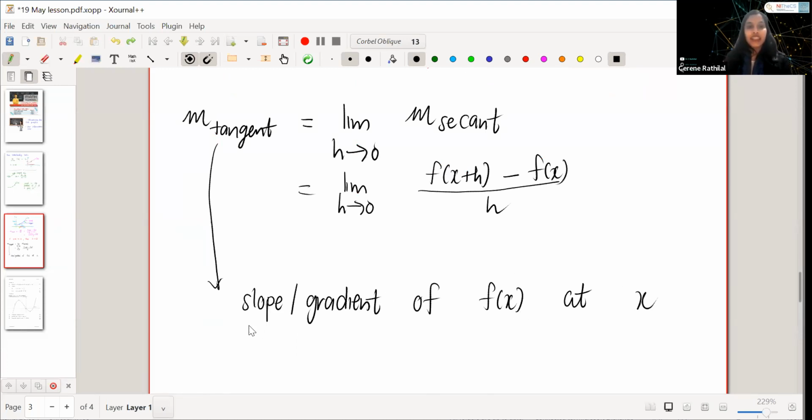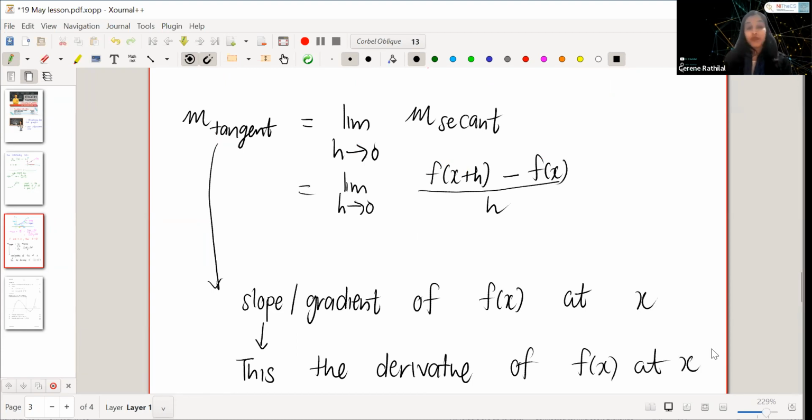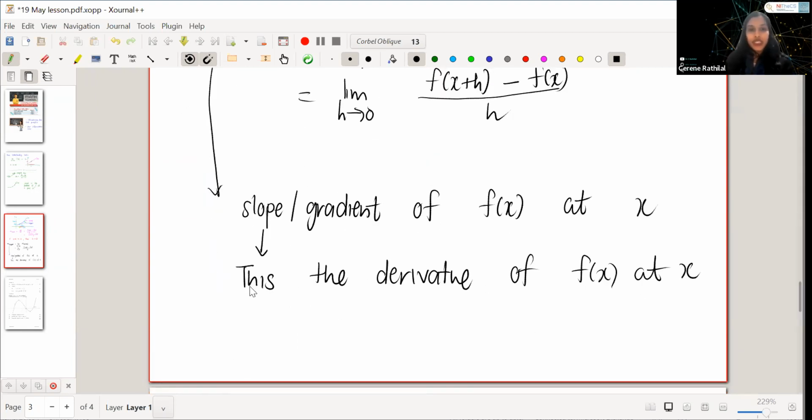And we typically write this down. So this is the derivative of f at x. This is your first principles formula. So notation, this is written as f prime of x.